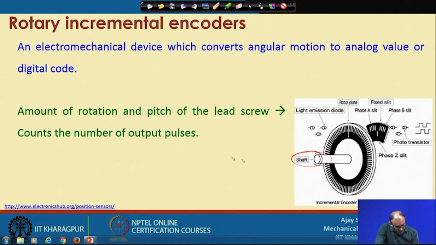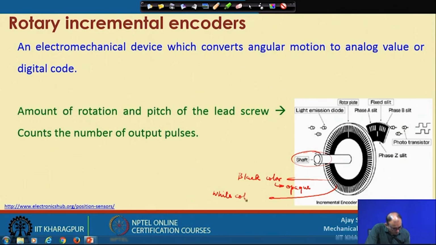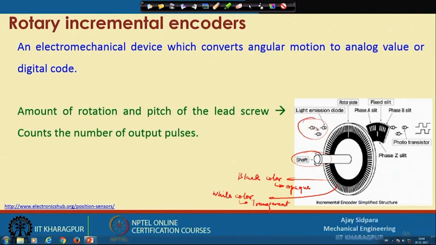Whatever is the black color is opaque, and whatever is the white color, there is spacing in it, the white parts are transparent, correct. Now, what is happening here? We are talking about this outer periphery, correct. We have a light emitting diode, so light will pass through this.